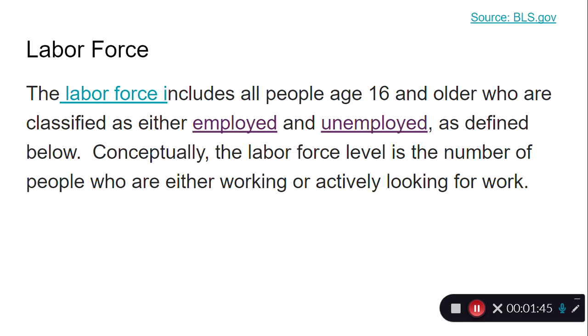The labor force is a subset of the civilian, non-institutionalized population, and these are people who are either employed or unemployed but looking for work. This is important: if you don't have a job and you're not looking for work, you are not considered unemployed. So if you're a stay-at-home parent, a full-time student, or retired, those are not unemployed folks. Those are folks who simply aren't working.